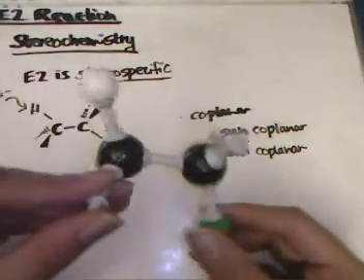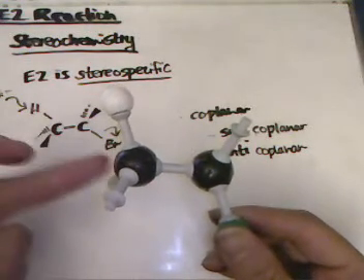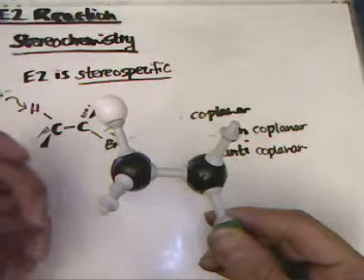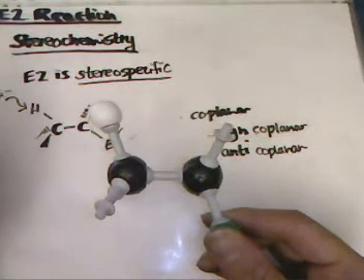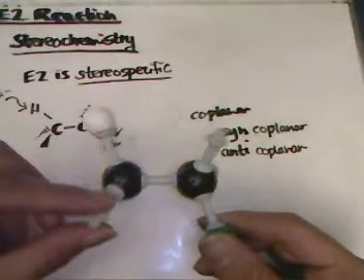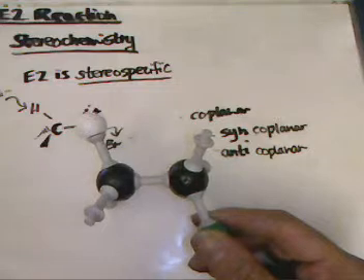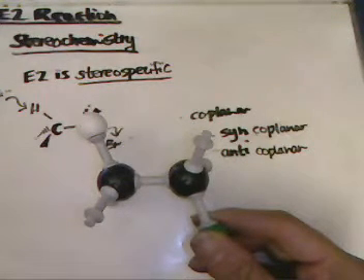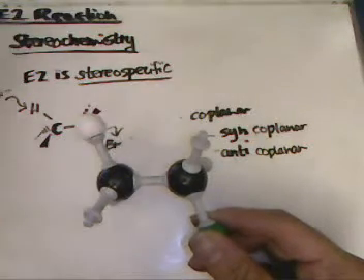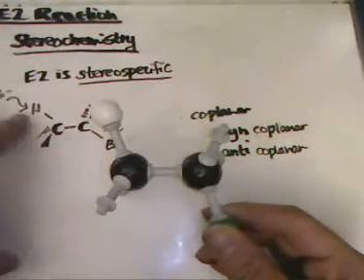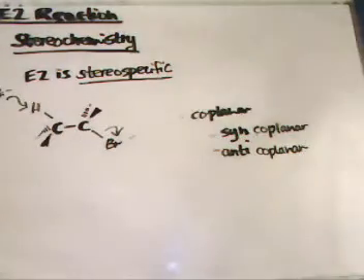And it's important that we know this, because when we later talk about the specific reactions that need this requirement, for example, dehydrohalogenation, debromination of an alkyl halide or dihalide, when an H and X is removed, the H and the X must be anti-coplanar from each other. So let's see how we can do an example.